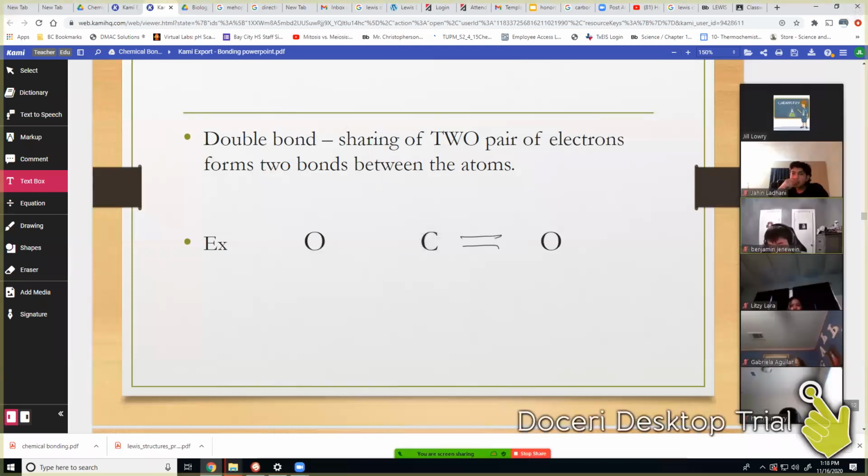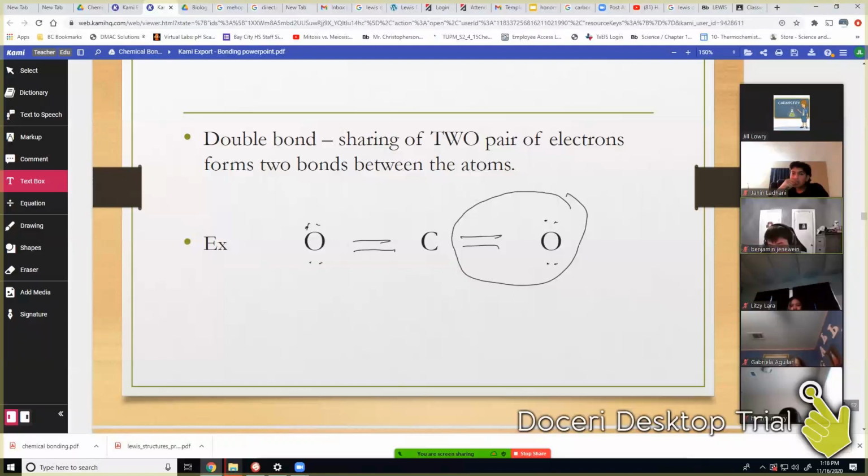Carbon is double bonded to each oxygen. And then each oxygen still keeps its 2 lone pairs, just like we see it does in water. So if you look at that, the oxygen has an octet because it has its 2 lone pairs, so that's 4.